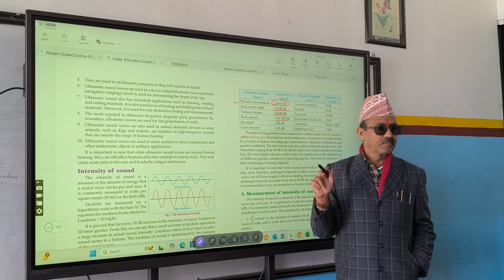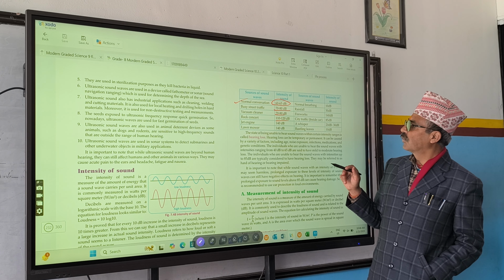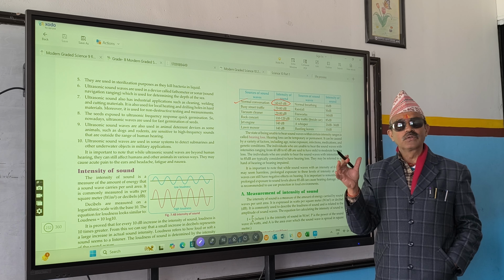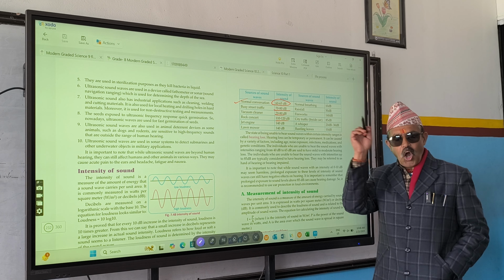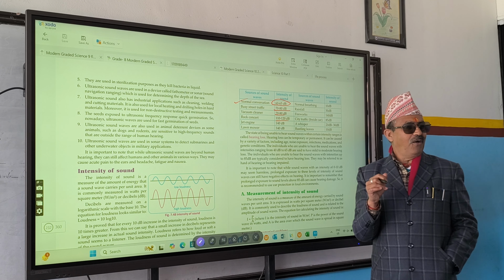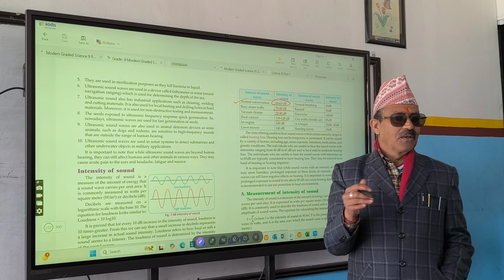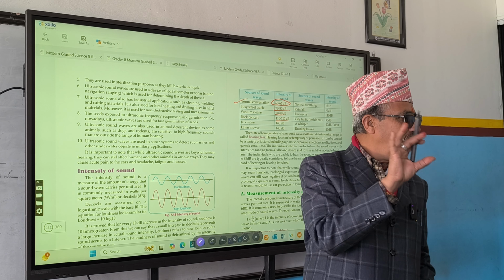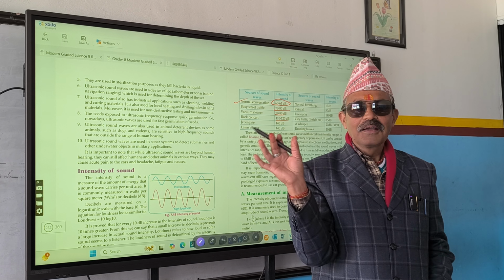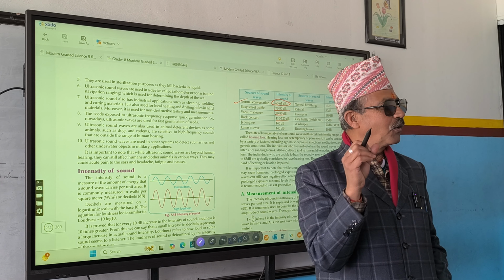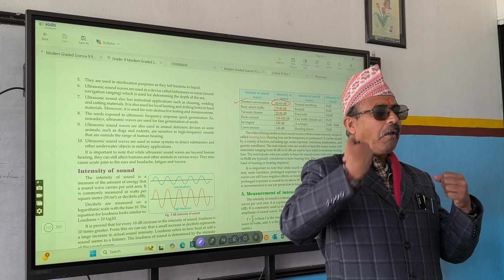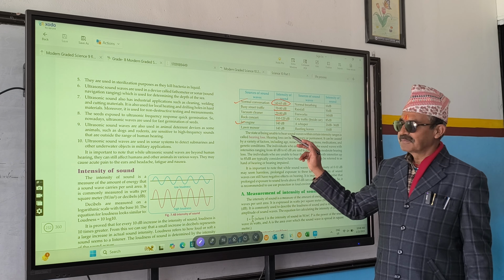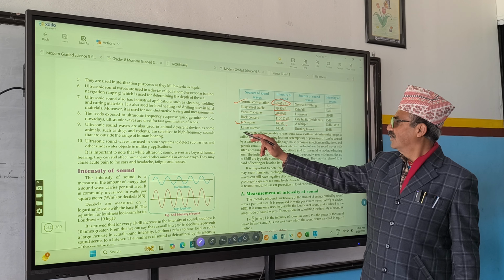A rock concert, where they are doing rocking heavy metal, is much louder. When you talk about a dhol, it's not that much, right? But in rocking heavy metal, like that. Jet engine, 140 decibel.